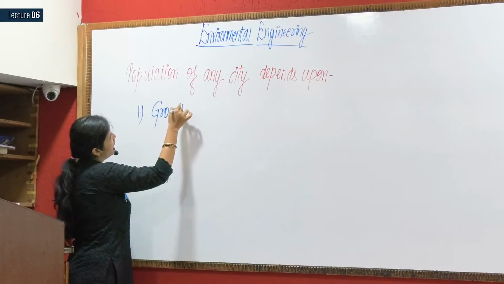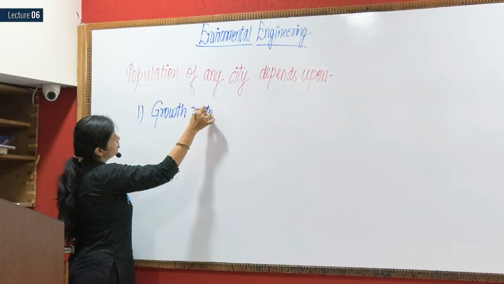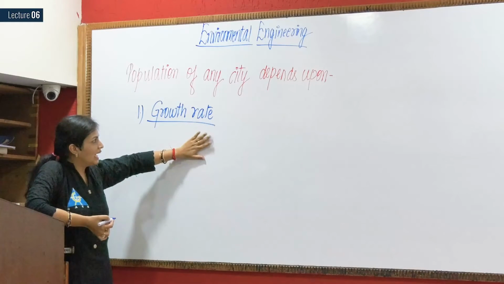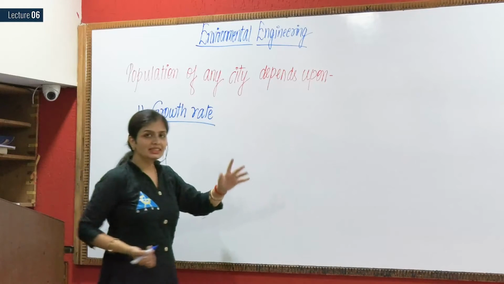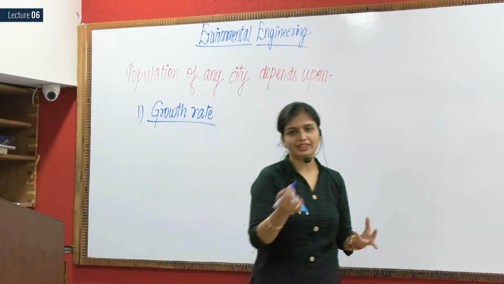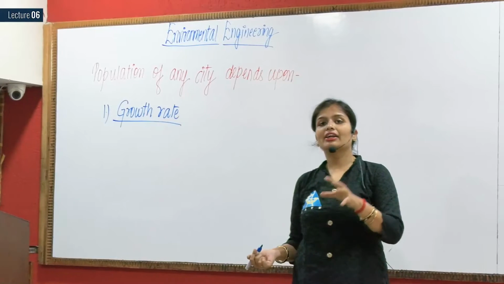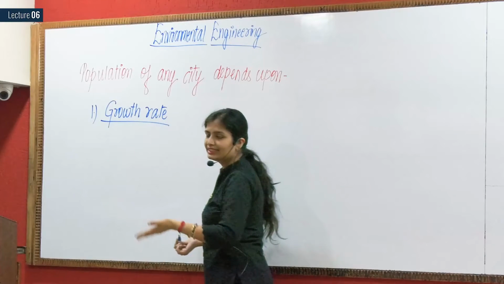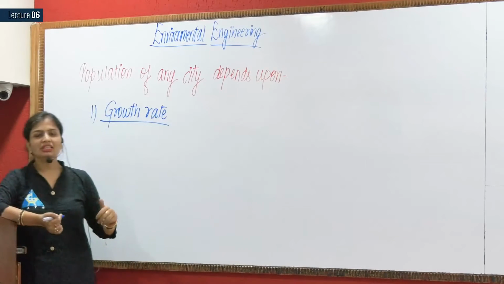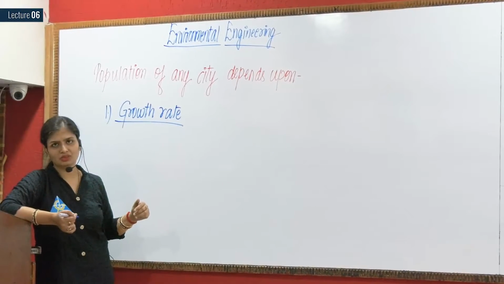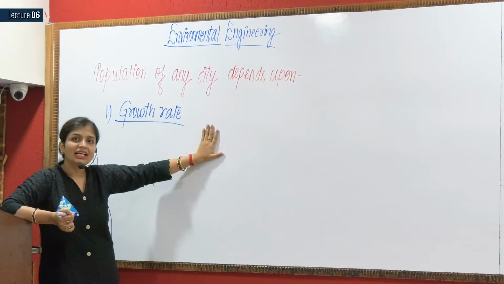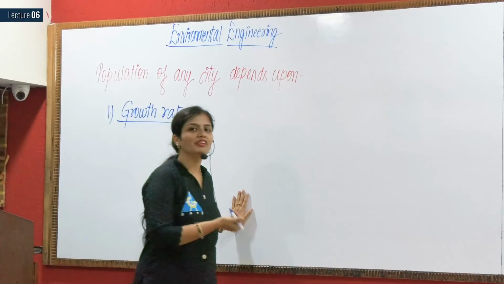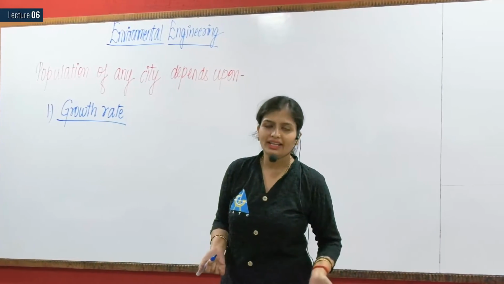Fine. Now, how the population of a city depends upon growth rate, that we'll study. Now see, how can we individualize the growth rate? Just now I told you in the lecture that if the rate of growth of population is increasing, it is a young city. If the rate of growth is decreasing, then it is an old city, that means a very old city, or you can say a somewhat developed city. If I'm saying the rate of growth is decreasing, I'm talking about a very old city like Delhi, Bombay, Calcutta, Chennai.